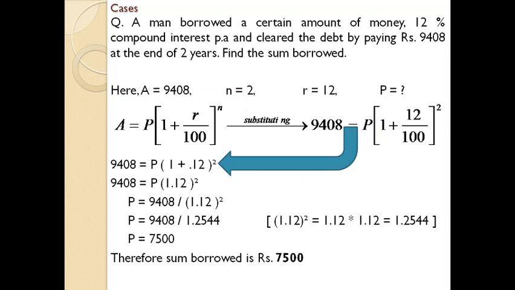Whenever you are asked to find n in a compound interest concept, in that question there will be either log or anti-log. Surely there will be a log case, and depending upon the nature of the question there may be anti-log. But remember, whenever you are asked to find the time, it is a case of log or anti-log. And never consider it as a universal rule. It is just a trick for your examination purpose.